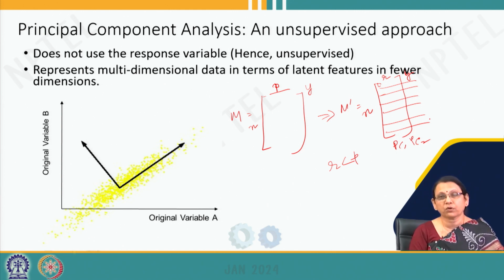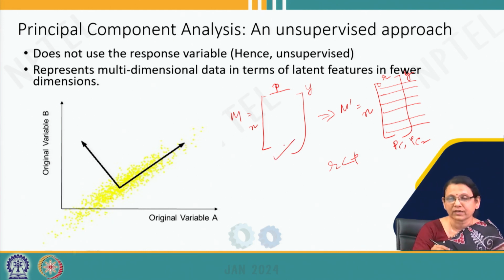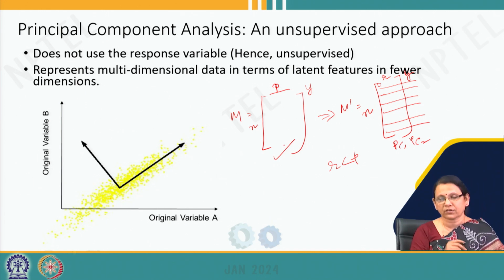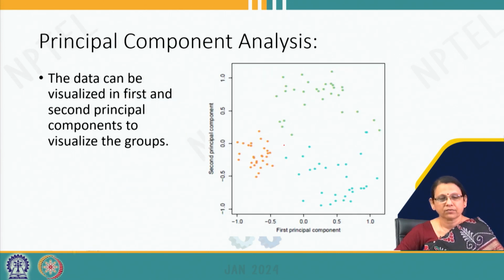But PCA itself is an unsupervised approach, because it works only on the data matrix M, on the p features. Now, what is the use of this in a recommender system?